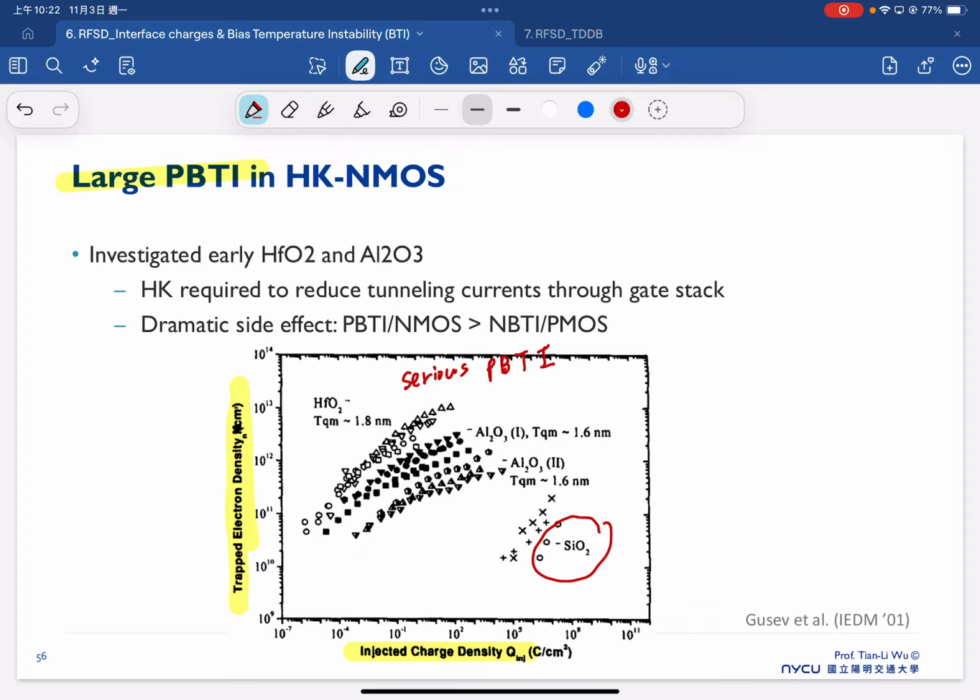Sometimes the performance is way too good, and then the reliability is going to be very, very bad. This is one of the examples. In the early time, we found that hafnium oxide is very attractive for semiconductor scaling, so that we can avoid the leakage current and continue to scale our semiconductor technology. But unfortunately, hafnium oxide suffers huge PBTI issues.